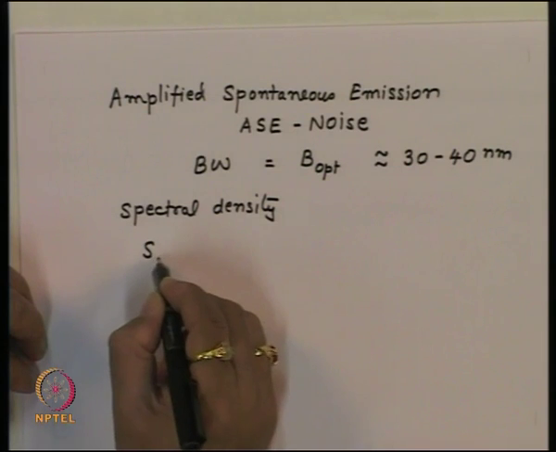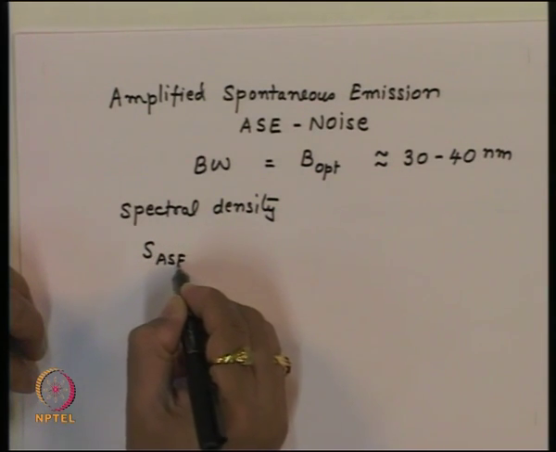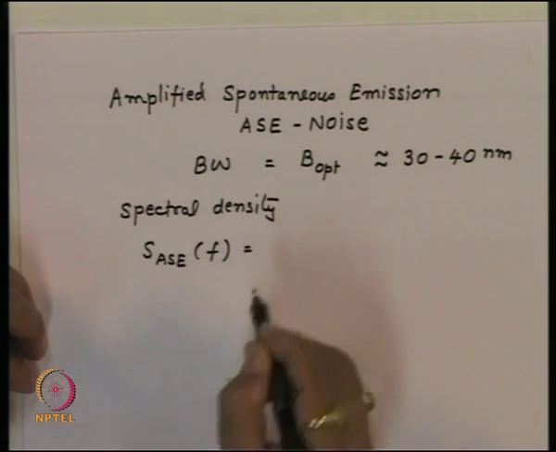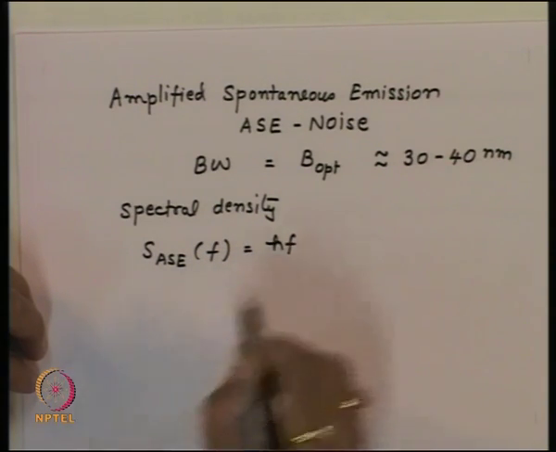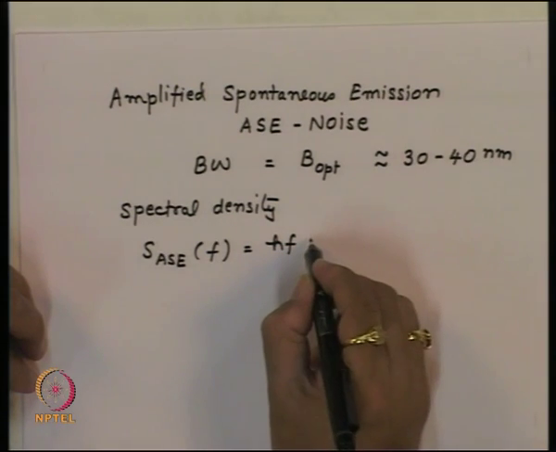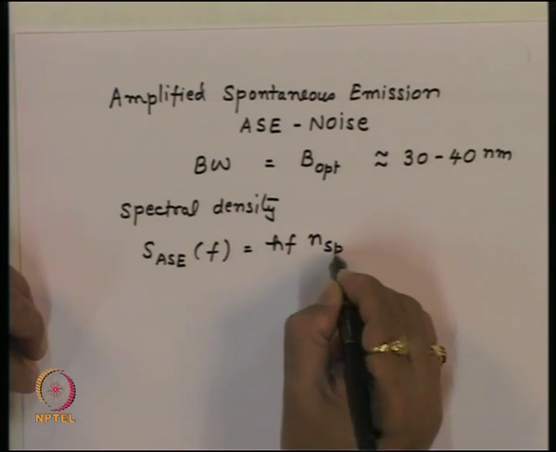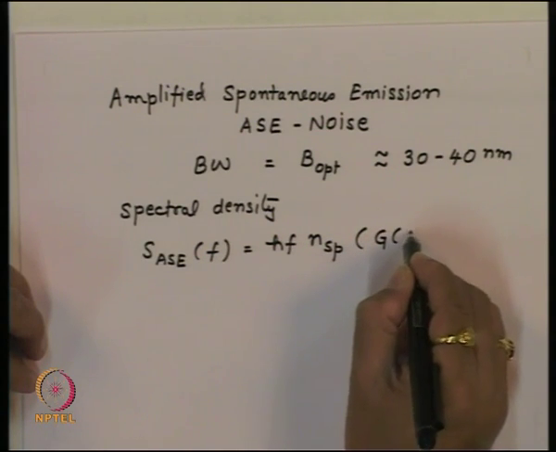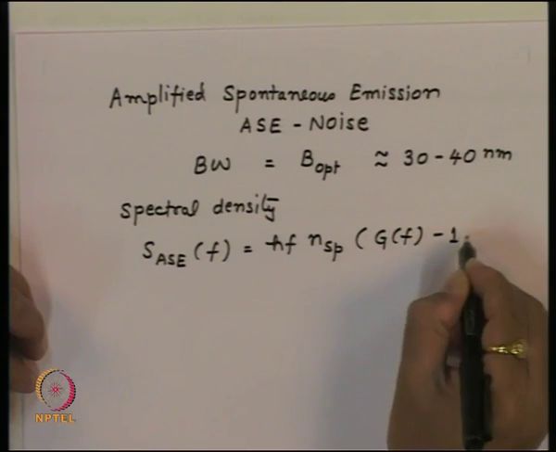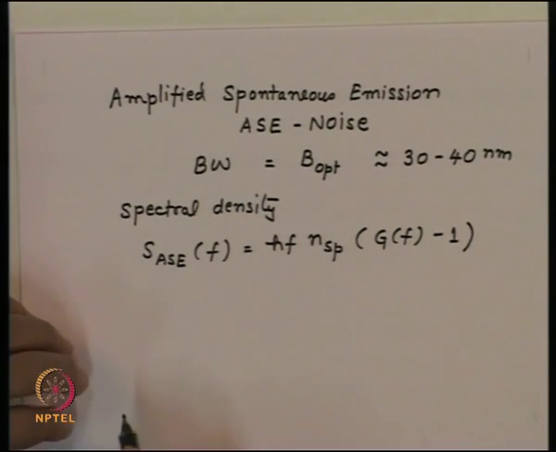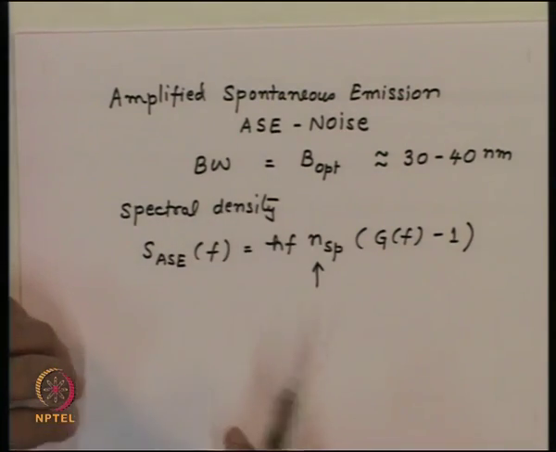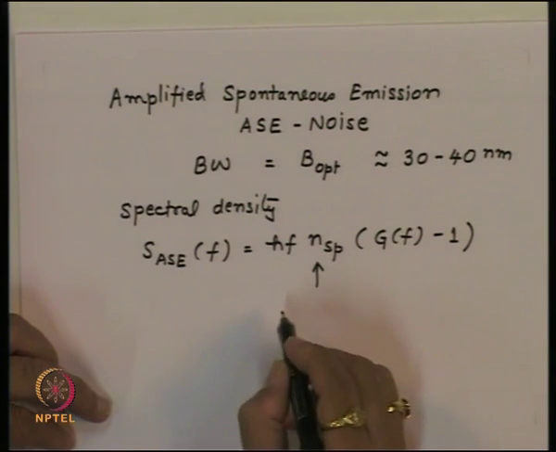Let us say that is S_ASE as a function of frequency, that will be h into f, where f is the frequency of the photon, and n_sp into the gain of the amplifier, which is a function of frequency, minus 1. Where this n_sp quantity is what is called the spontaneous emission factor or population inversion factor.